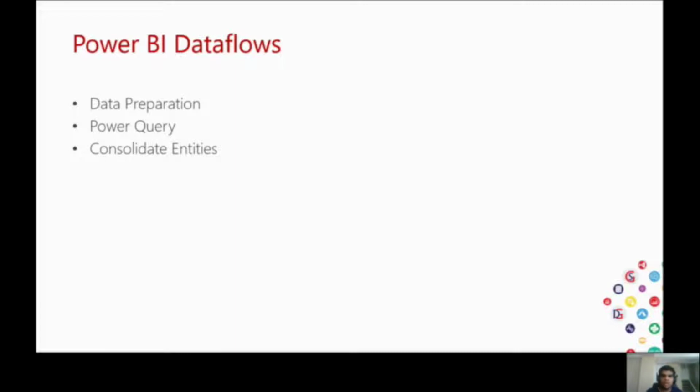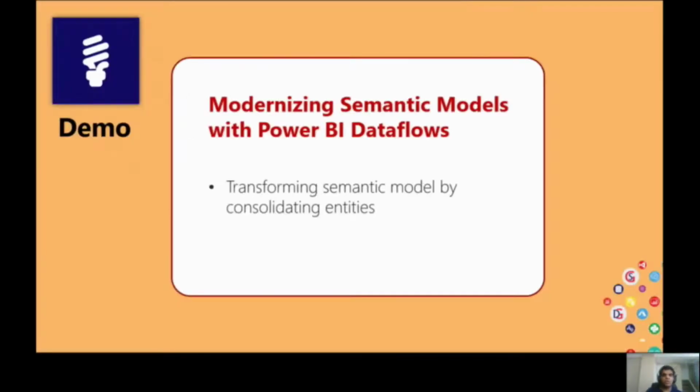Keeping your attention on that consolidation of entities, let's move right into the demo. As I told you previously, it will be about consolidation of the entities. In this case, I have chosen just one entity, the customer entity, to demonstrate how this should be done.